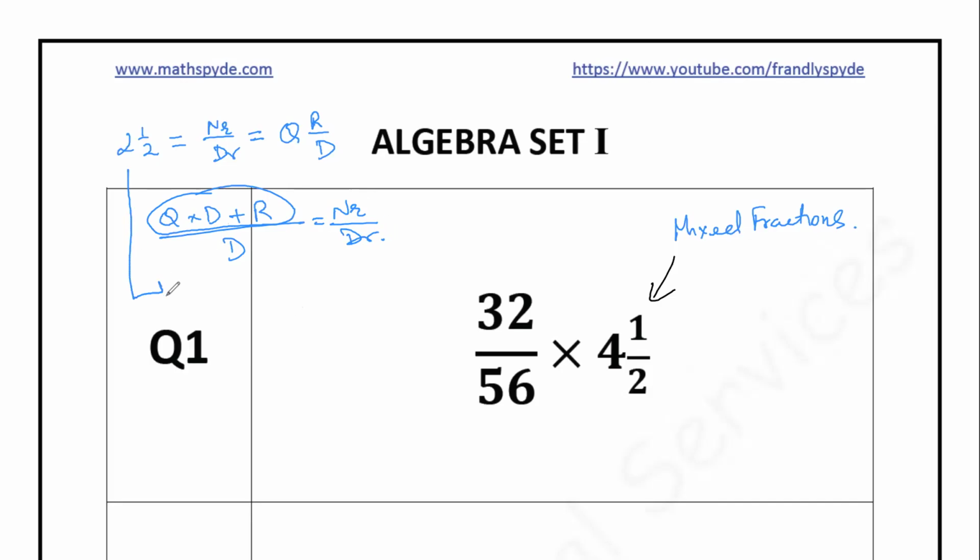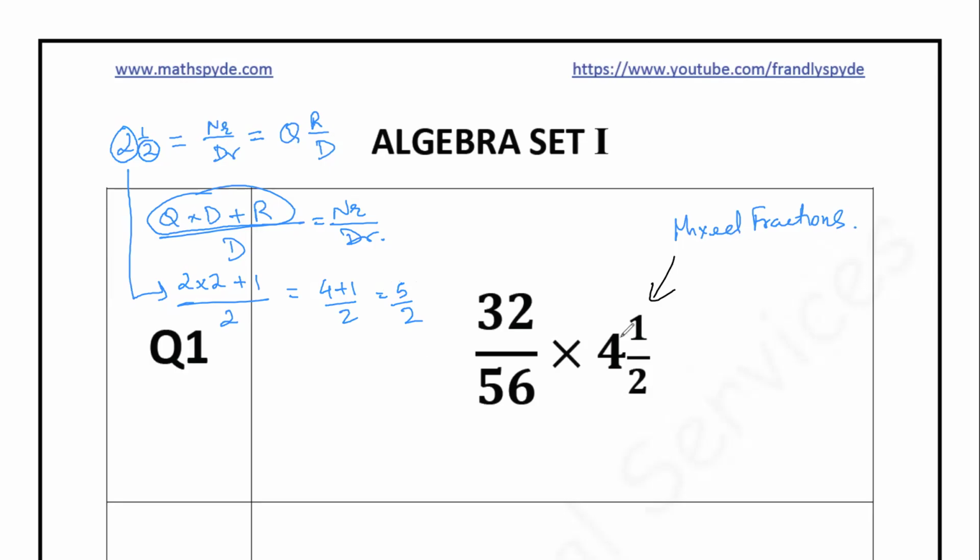So if it's 2.5, then the quotient is 2 and the divisor is 2, so you multiply that, and then you add the remainder and then divide it by the divisor.